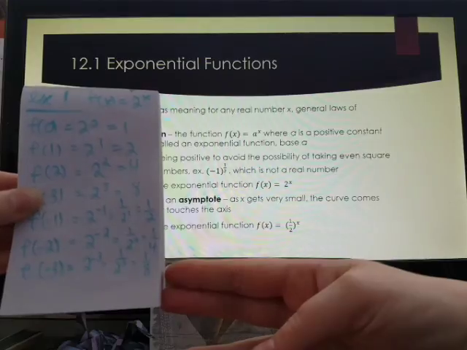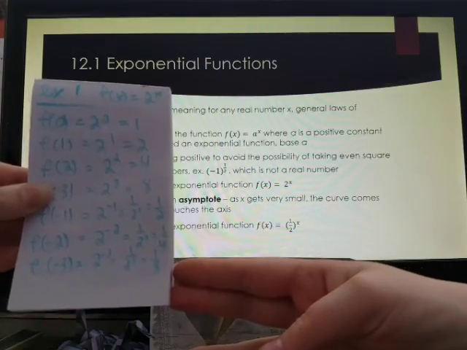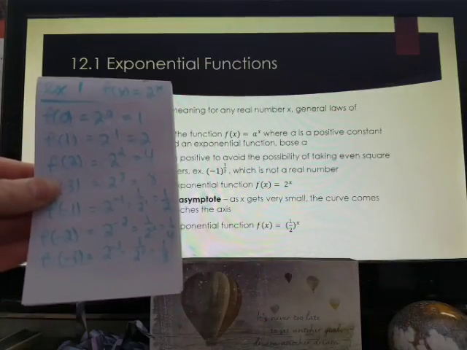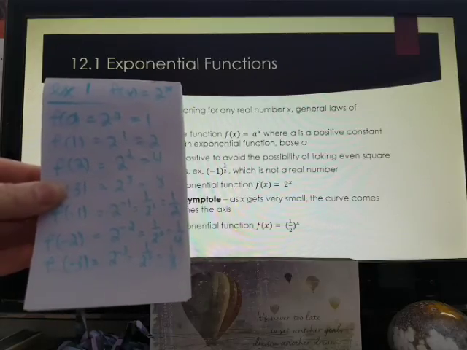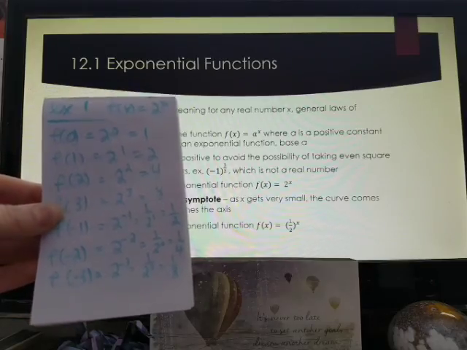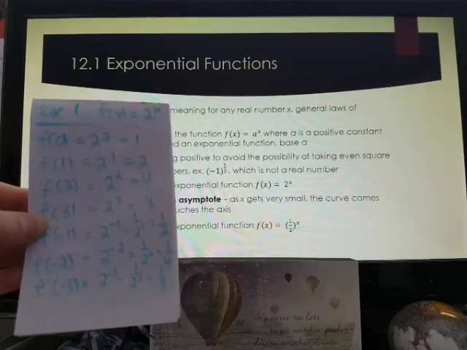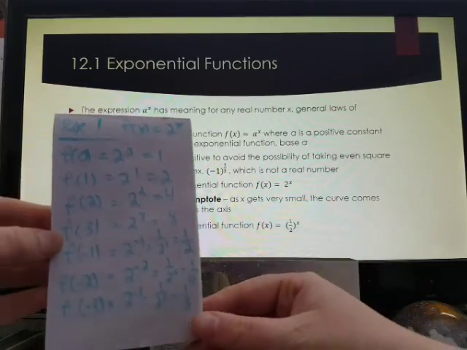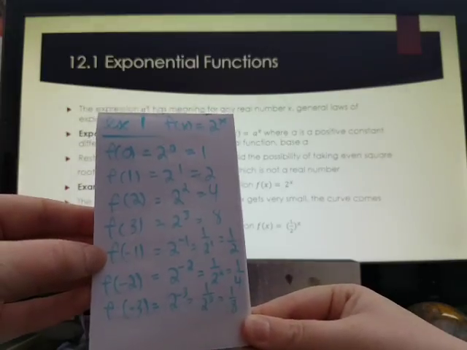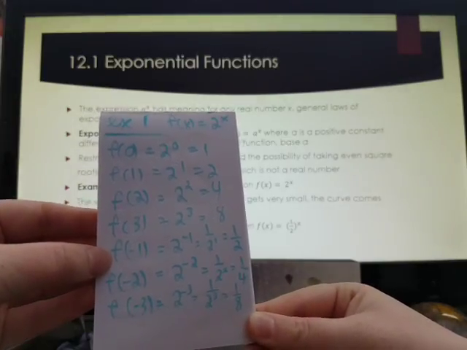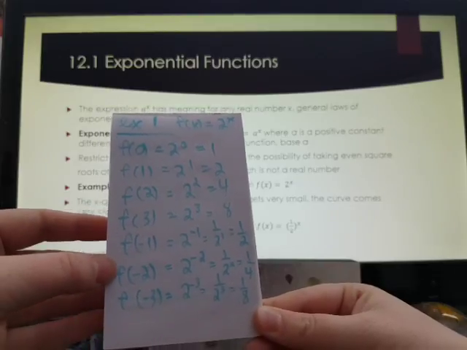So you find that f of 0 is 2 to the 0, which is 1. F of 1 is 2 to the 1, which is 2. F of 2 is 2 to the 2, which is 4. F of 3 is 2 to the 3, which is 8. F of negative 1 is 2 to the negative 1, which is 1 over 2 to the 1, or 1 over 2.